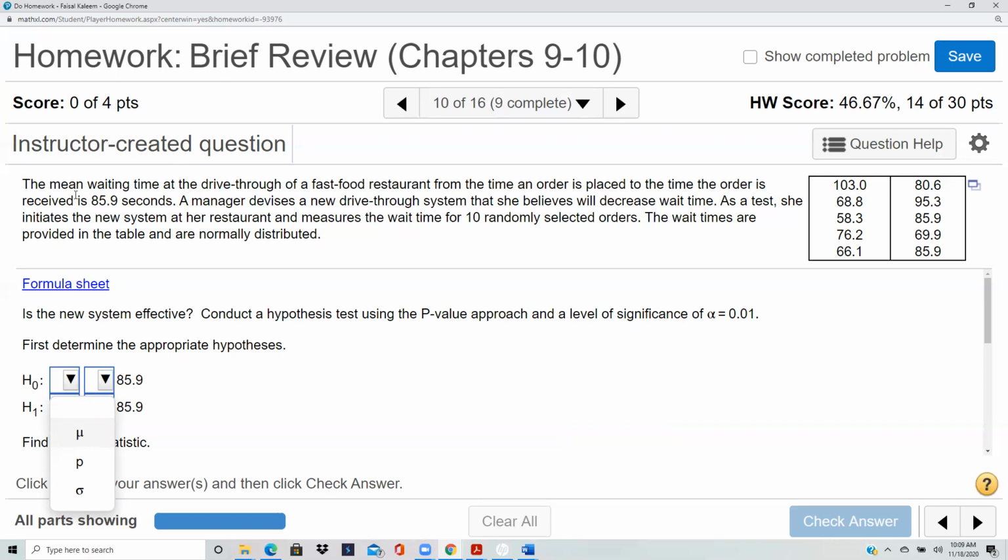Test statistic is asked in all the three, whether you are using the means, proportions, or standard deviation. You always are asked the test statistic problem, so that doesn't tell you that it's that.